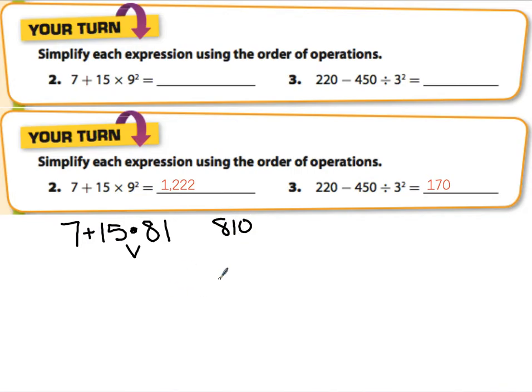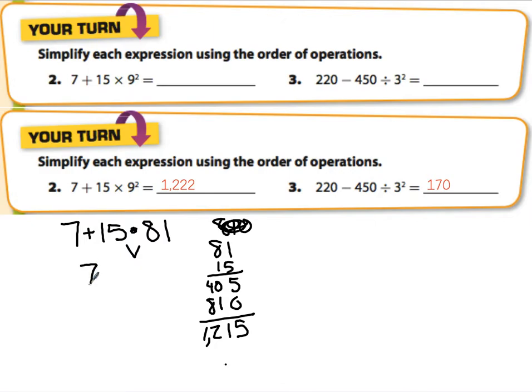And 81 times 5, well, let's do it this way. So 81 times 15, 5 times 1 is 5, 8 times 5 is 40, 1 times 1 is 1, 8 times 1 is 8. My brain is not working well for mental math today, so we're going to do traditional.